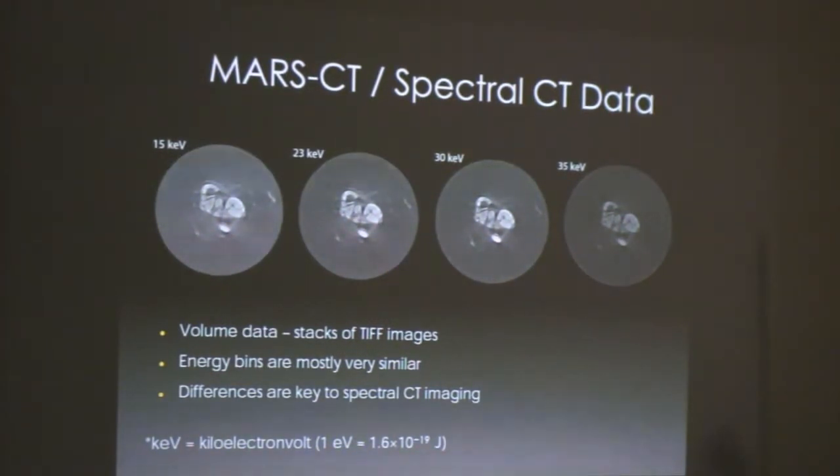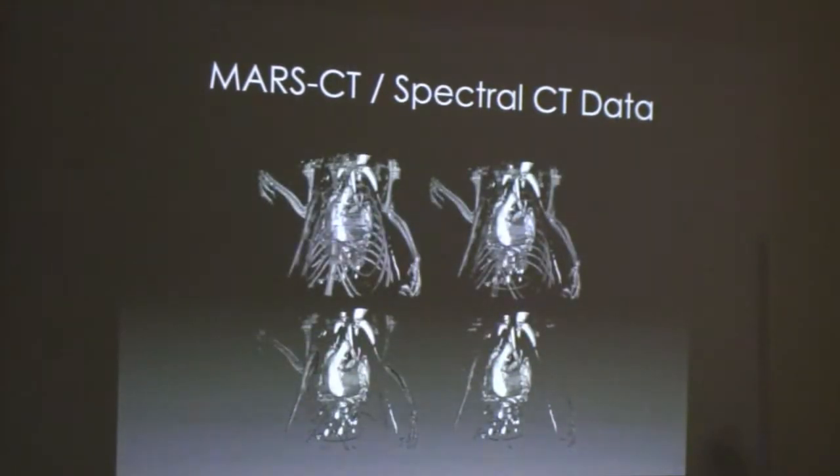And if we visualize all these 4 volumes in 3D separately, you can see the results. So this is 1, 2, 3, 4. And so you can see how when it gets to the 4th energy bin, you basically can't see the bones anymore. But what you can see is the barium, which they fed the mouse. So this is an example of a contrast agent to make something very dense and appear on CT.